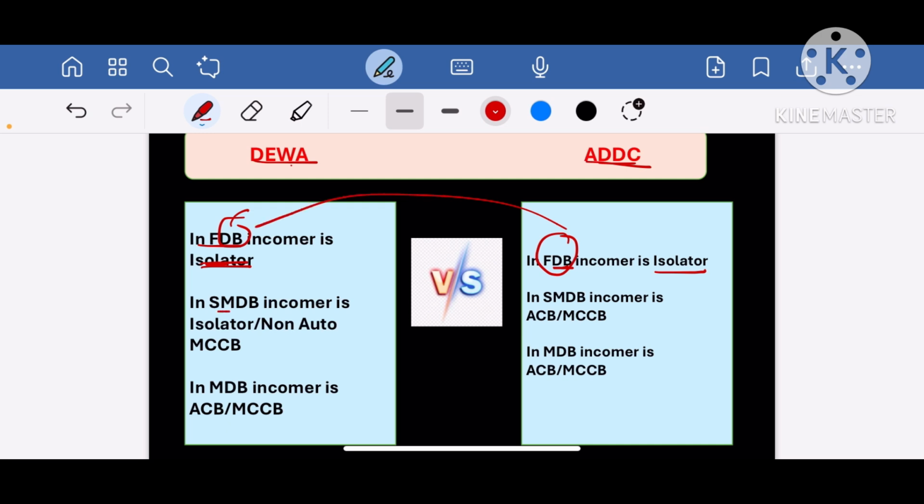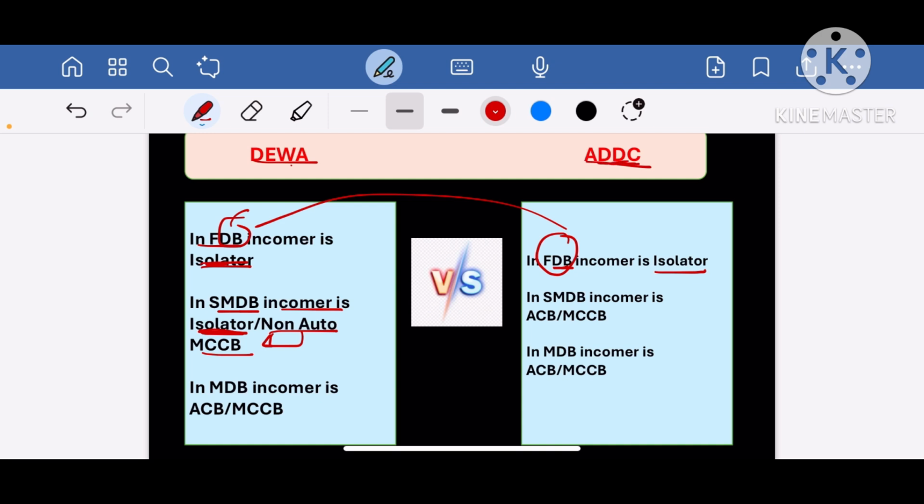But for SMDB in DEWA regulation, the incomer of SMDB must be isolator or non-auto MCCB. Means this MCCB should not trip or turn off automatically. It is like an isolator.